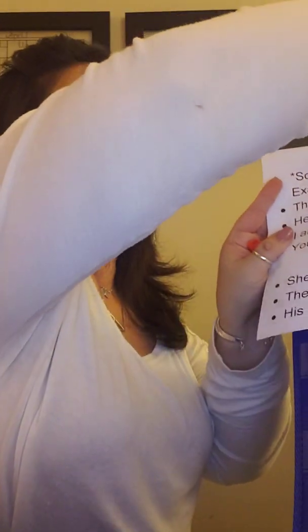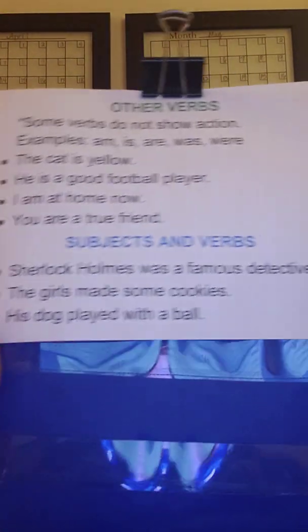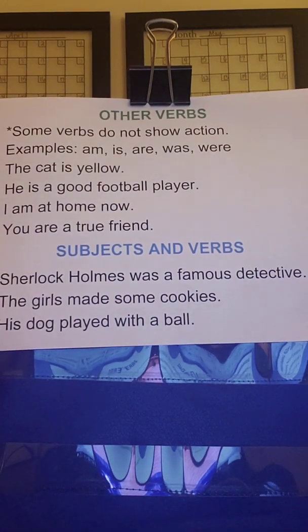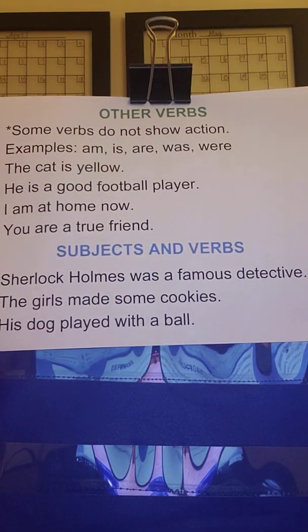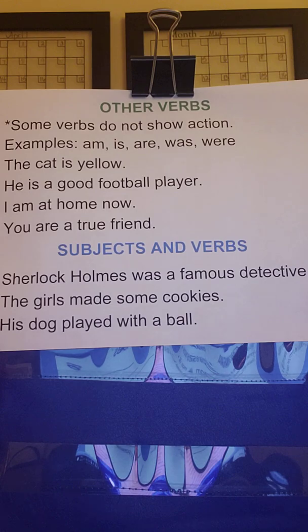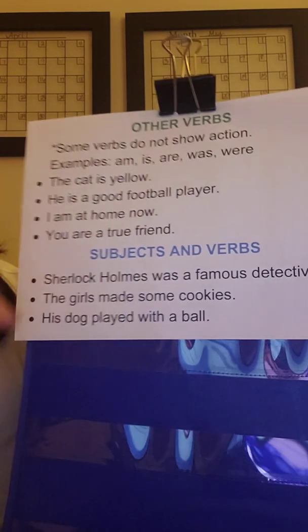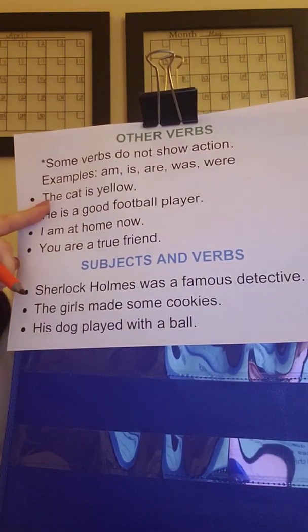Now I want us to look at some other verbs that not necessarily will show action. And some of those verbs are going to be words like am, is, are, was, and were. So in this sentence, the cat is yellow.